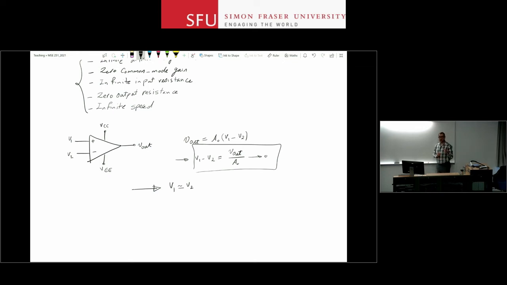So you can force a difference between the two, but if you let the circuit do its job, and let's say you apply 1 voltage to V1 and then let V2 settle on the right value, V2 will be equal to V1. For this reason, it's called a virtual short.